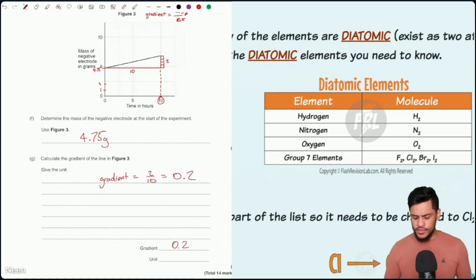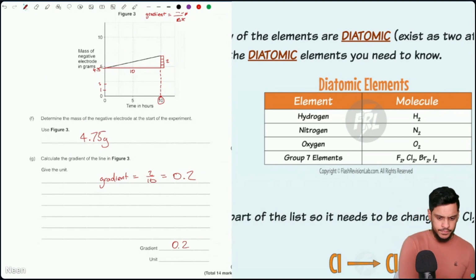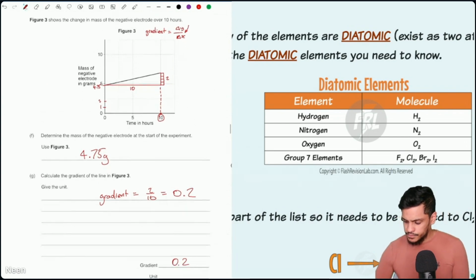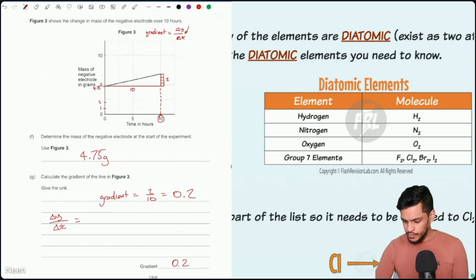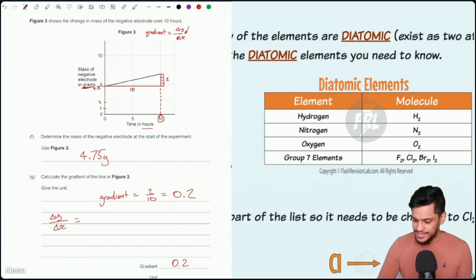It's asking for units. So remember, this gradient is change in y over change in x. The y is in grams. The x is in hours. Change in y over change in x. So it's grams per hour.